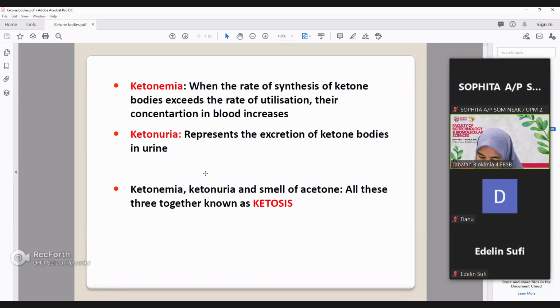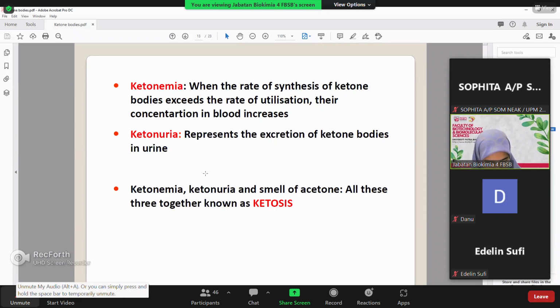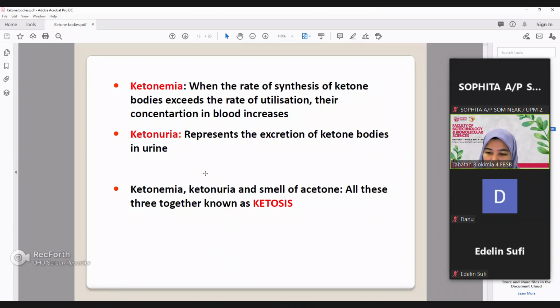What is type 1 diabetes mellitus? Anyone? Type 1 diabetes mellitus cannot produce insulin.